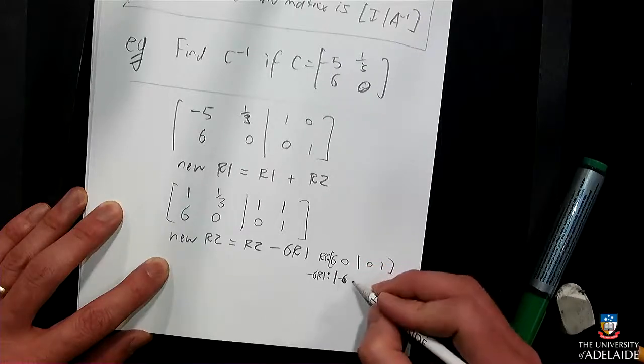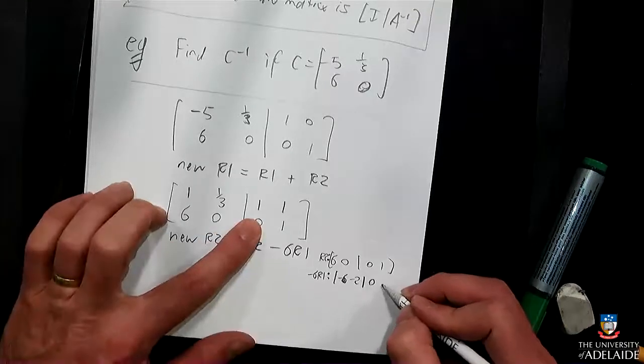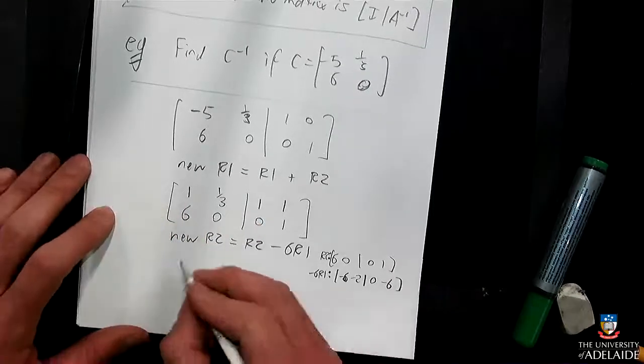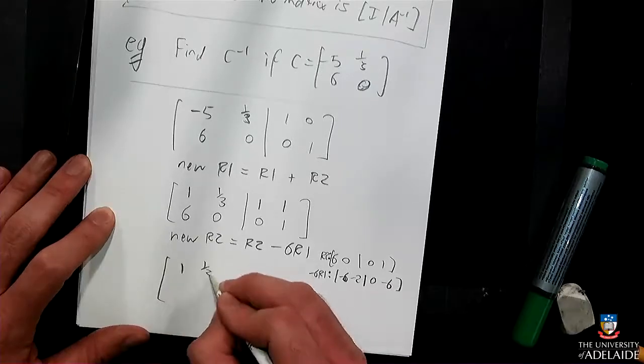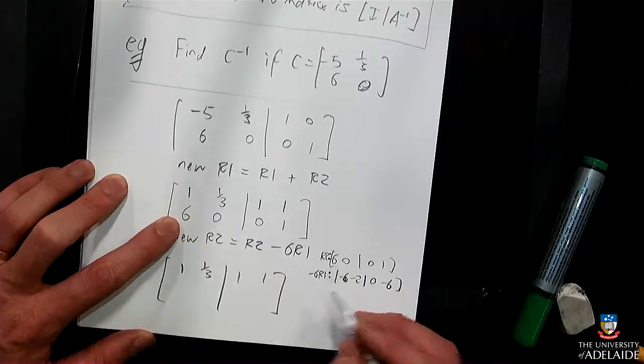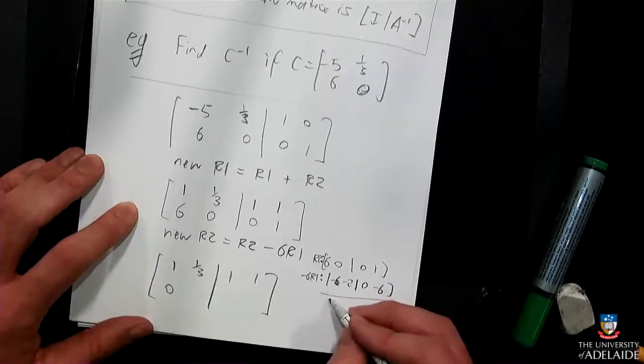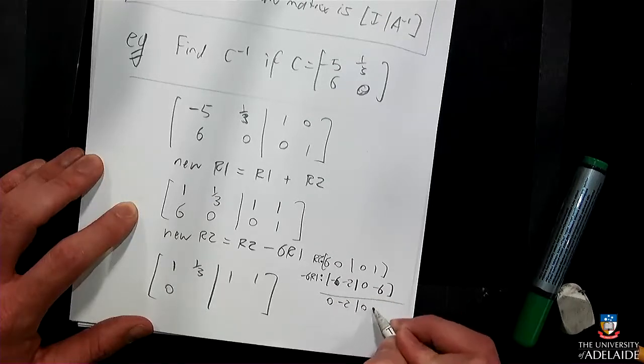Minus 6 times a third is minus 2, minus 6 times 0 is still 0, and that's minus 6. Then I add them together, and so what I've got is I didn't change row 1, and this became 6 plus minus 6 is 0, 2 plus, let's just do it, 0 minus 2, 0 minus 5.